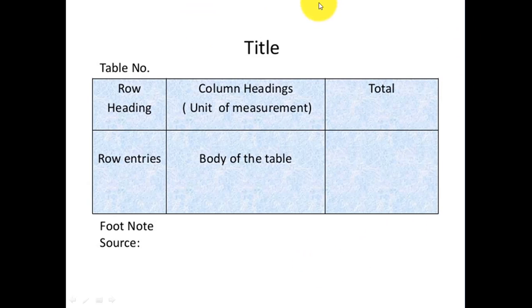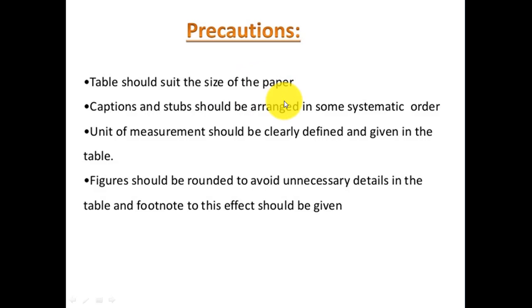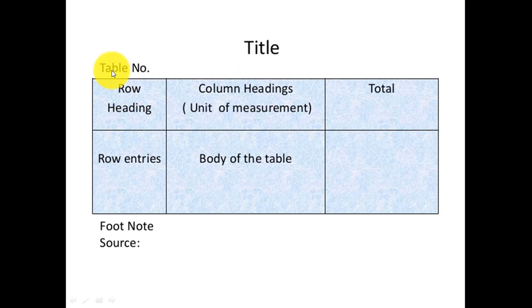Row headings, row entries, column headings, total, body of the table, footnote and source. These are all the parts of the table, and whenever you are supposed to create a table, all this information must be there in the table. Okay. Row heading is also known as stub.